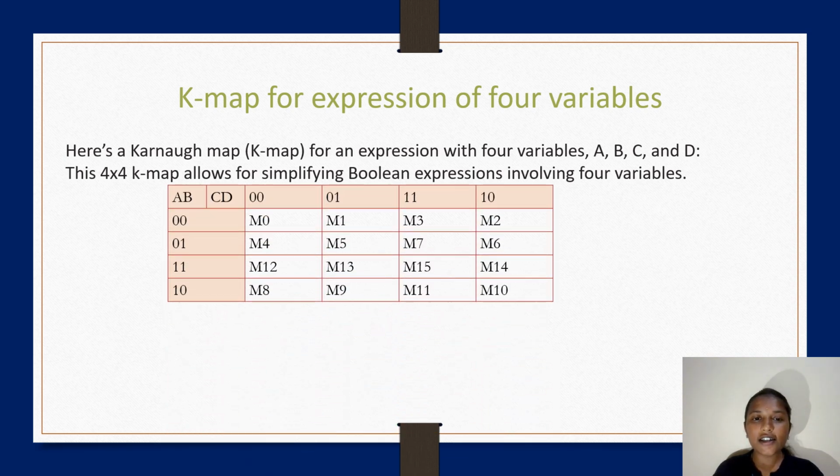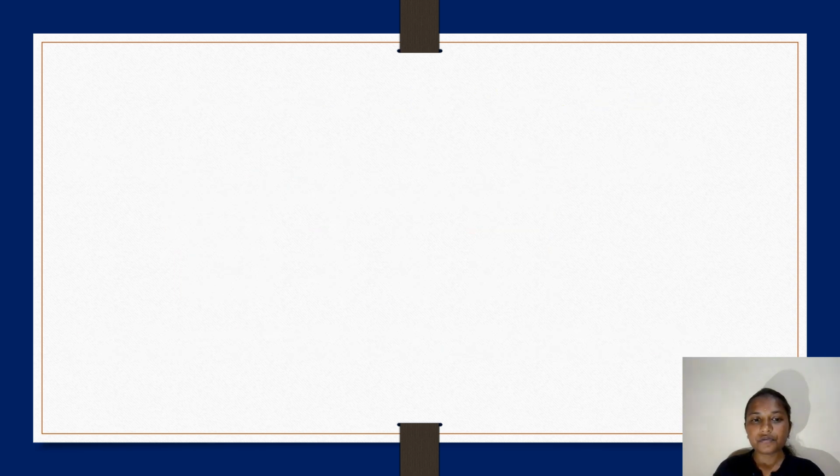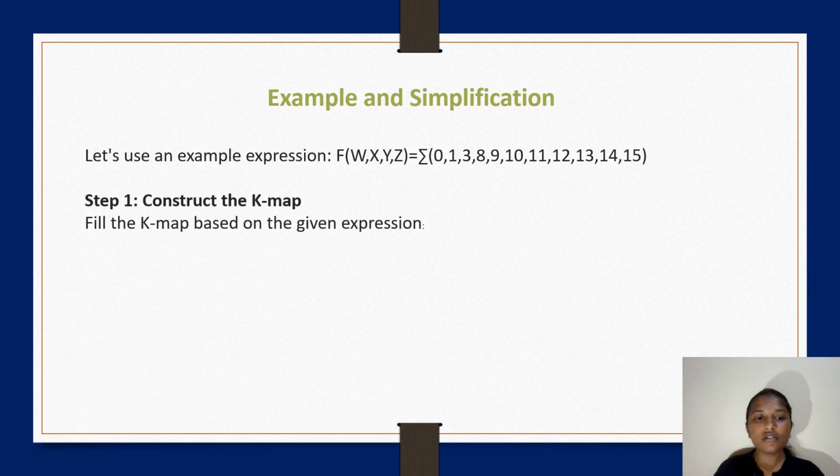I have created a K-map for 4 variables A, B, C, D, which consists of 16 cells from M0 to M15. We have to fill these cells from M0 to M15 as given in the Boolean expression, and I am going to explain a simple example and simplification of that expression.